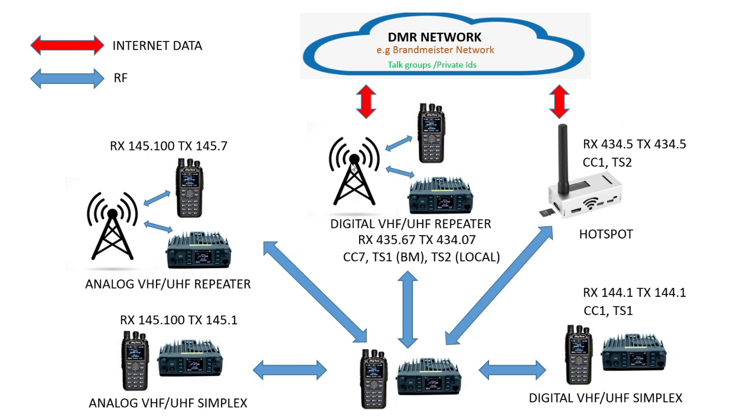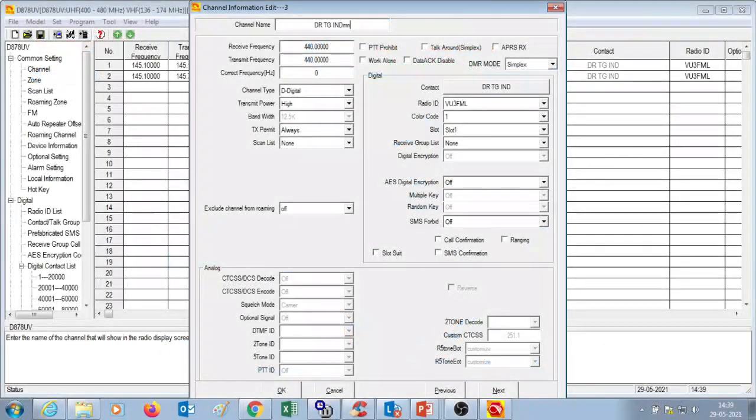So we will be going through the repeater, so we need to put its frequencies, right? So back to the screen, and let's put the frequencies here as 435 decimal 67 as RX and 434 decimal 07 as TX. All right.